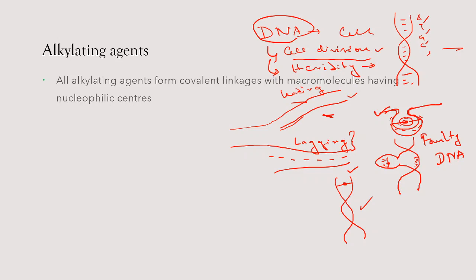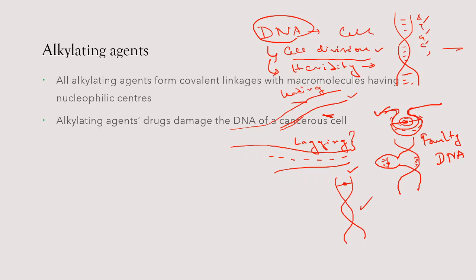Many different amino acids are like that, and therefore these macromolecules have the ability to be attached to any alkylating agent. This is one common thing about alkylating agents, making them very effective, but at the same time extremely prone to adverse effects, which can even be serious.